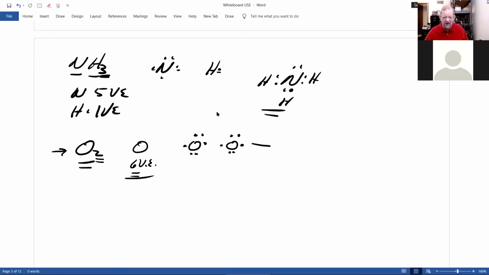Now this stuff and what I'm doing here, you don't have to write on the test, but it helps you visualize. This oxygen says, I have 1, 2 unpaired electrons. You have 1, 2 unpaired electrons. Let's share. The non-bonding electrons are still there. So that's why I'm drawing them in. They come along for the ride.